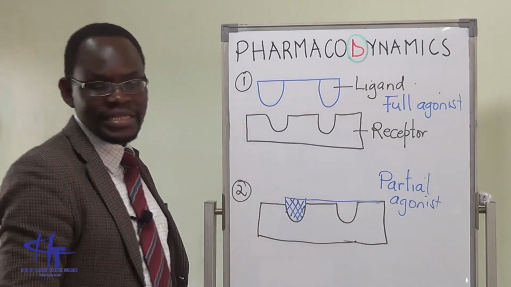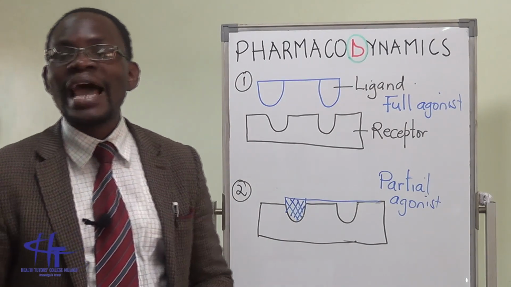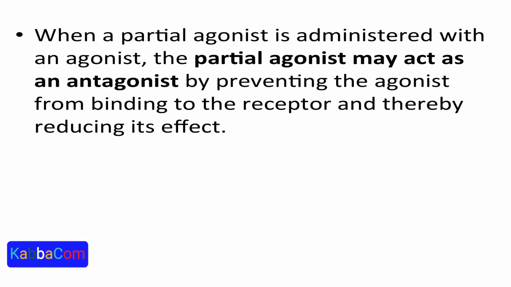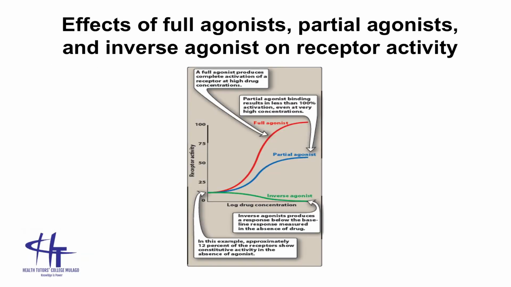So in other words, this partial agonist can act as an antagonist when it's in the presence of a full agonist. In that diagram, the difference is very clear in terms of eliciting response.